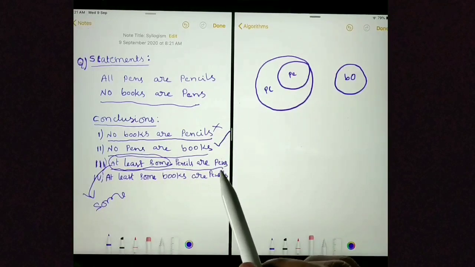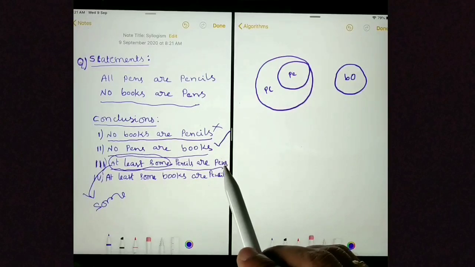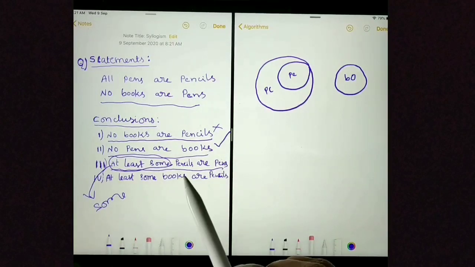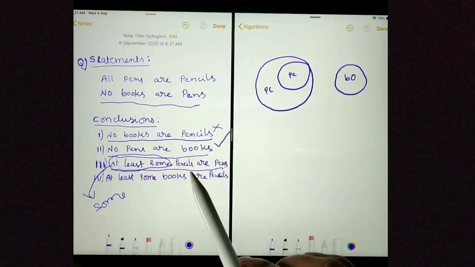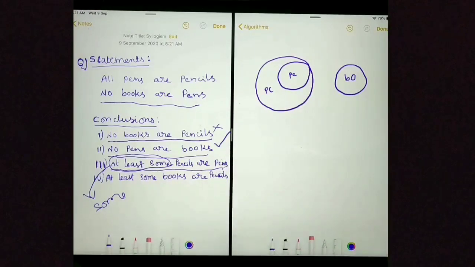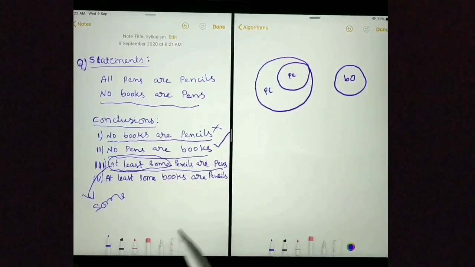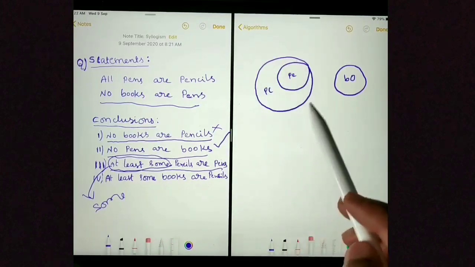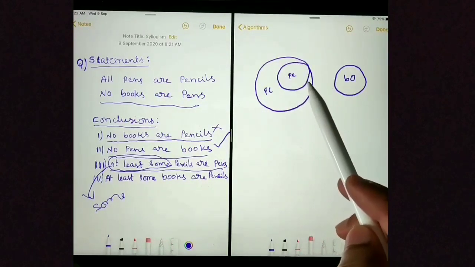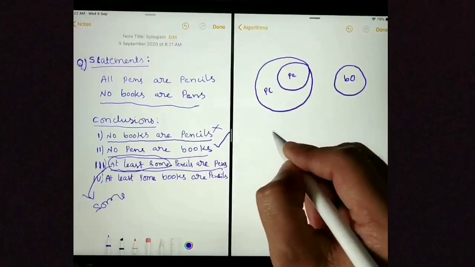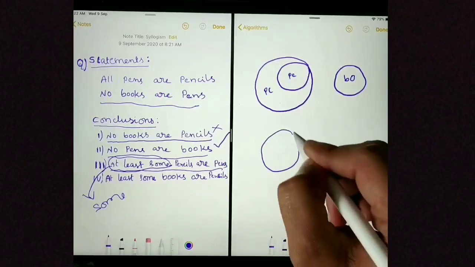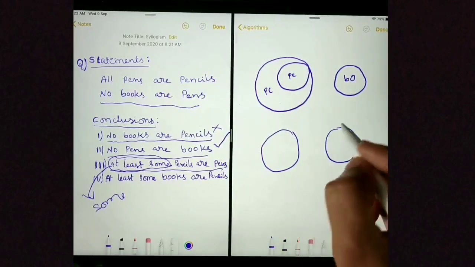To disprove this statement, what do we need to do? If we prove no pencil is pen, then this saying some pencils are pens will automatically be false. Now let's draw the Venn diagram to prove no pencil is pen. Pencil circle is here and pen circle is here. To say no pencil is pen, we need to draw these two circles separately.